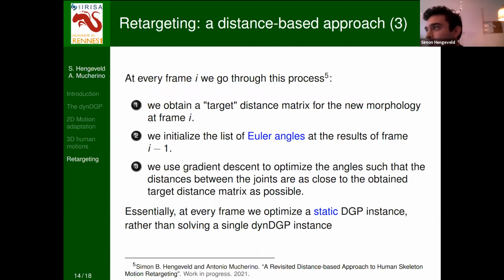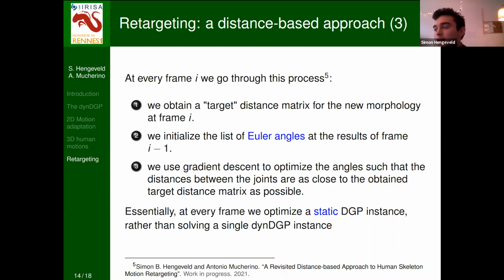So now let's talk about this process that I mentioned before, that we do frame by frame. At every frame i, we first obtain the target distance matrix at this frame, like shown in the other slide, using the shortest paths. Then we initialize this initial realization using the results of the previous frame. Note that we're still doing this in the Euler angle space.